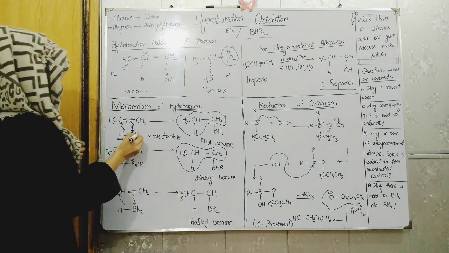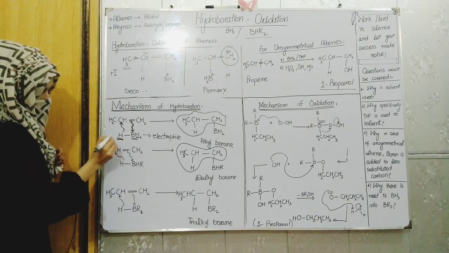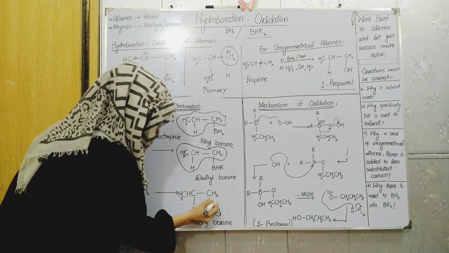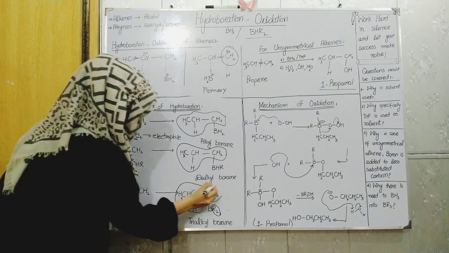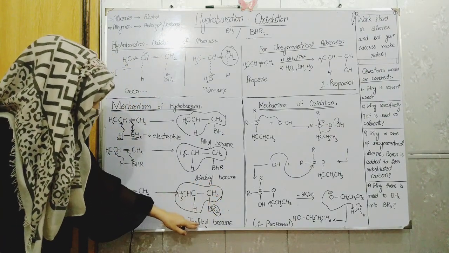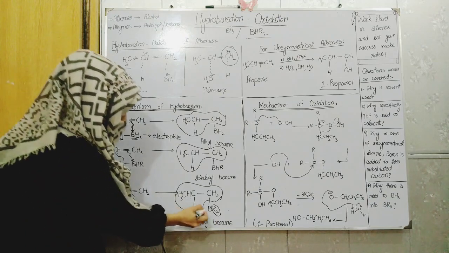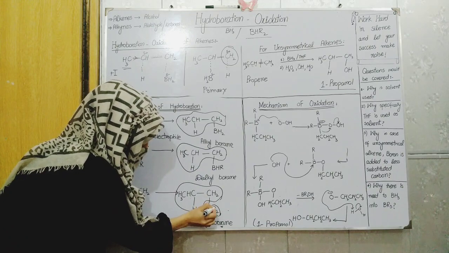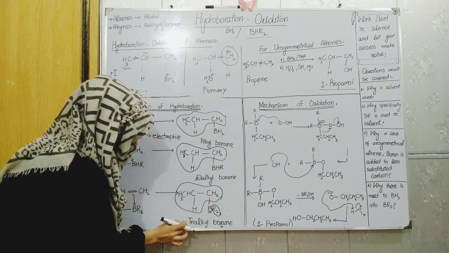You can see that here all the 3 hydrogens are replaced by alkyl groups, 2 alkyl groups and a 3rd alkyl group. This will become BR3, a trialkyl borane. Borane due to the boron atom, and trialkyl because 3 alkyl groups are attached here.